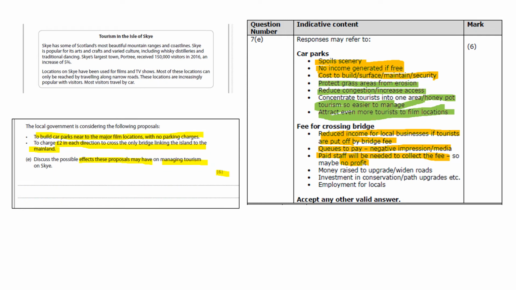But on the positive side, if you do a good job, hopefully that's money that's going to be used to actually support the tourist industry. And if you're doing that, then you can invest in local paths and things like that to avoid some environmental problems, and it creates jobs. Again, you're probably choosing 2 of those. It doesn't really matter too much whether positive or negative, but you want a mixture.